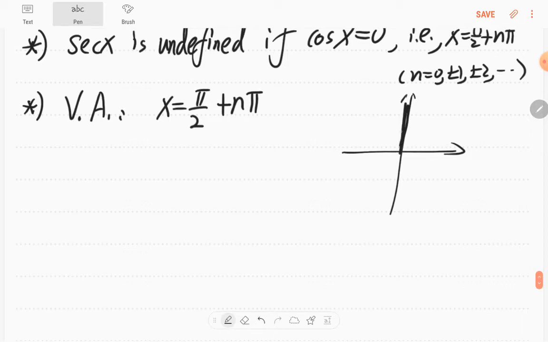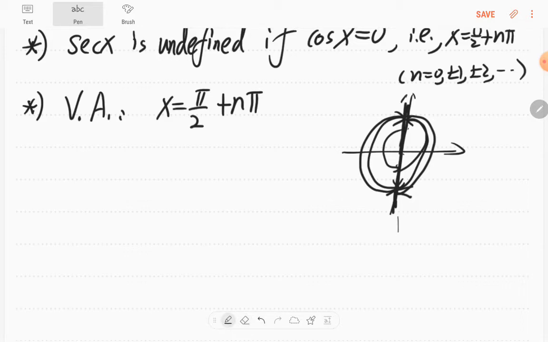If you add pi, it would be here. Add another pi, it would be here. If you subtract pi, it would be here. So it's always on the y-axis, right? Cosine on the y-axis, the terminal side on the y-axis, is always 0. So this is pi over 2 plus or minus n pi.